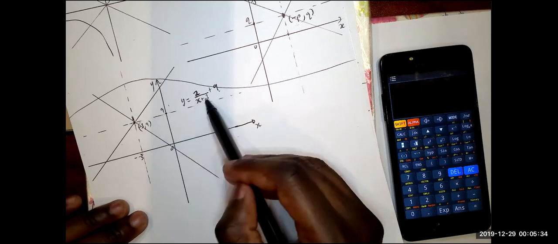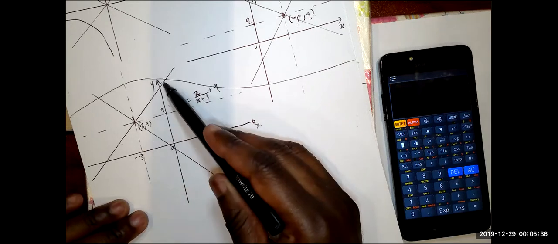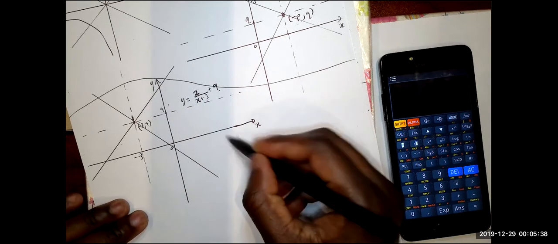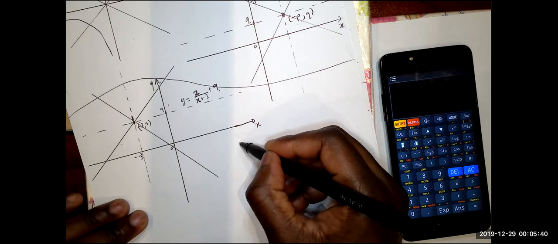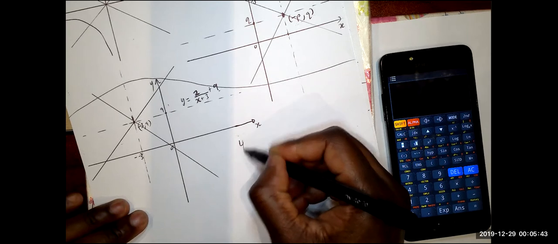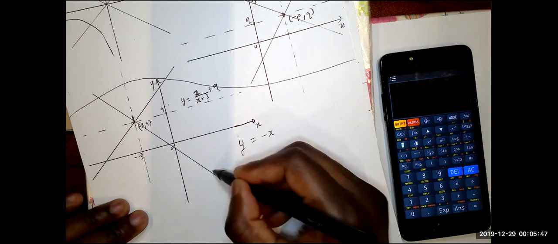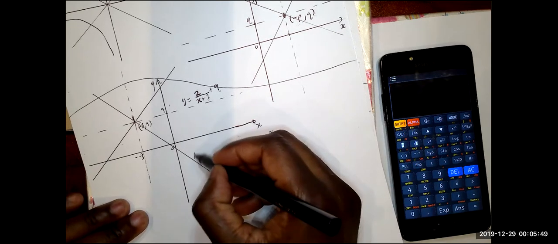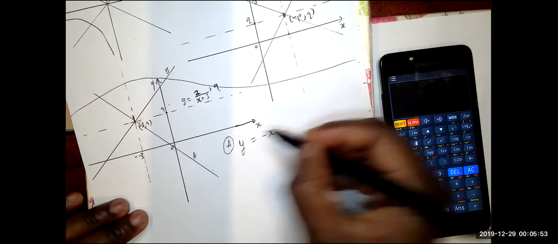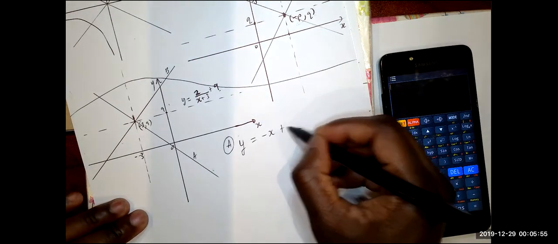You're going to say, all right, to find the equation of symmetry, you know that you have got coordinates here. You know that it's supposed to be y equals negative x. So for the first one here, let's call this one a, let's call this one b. So for a, we're going to say y equals negative x plus c1.